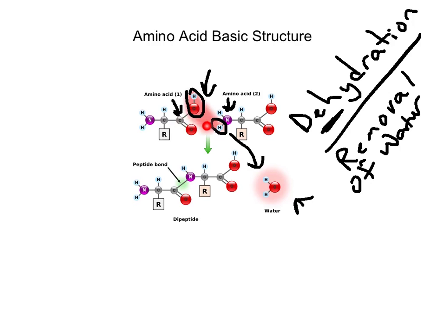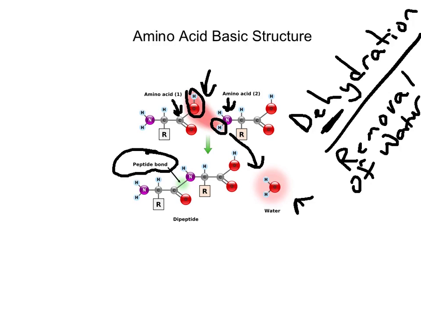Well, they're going to bond with each other because that's what's left for them to do in order to satisfy our 2 rules of neutrality and a full octet. The carbon's going to bond with the nitrogen, and you're going to form what's called, very clearly, and you better know it, you better learn it, because you will be tested on it, a peptide bond. That's the bond between the carbon and the nitrogen.